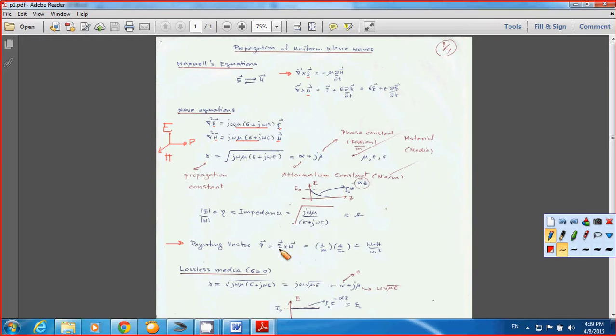You can find it from the cross product of E and H. If you take a look at the unit of electric field, which is volt per meter, and H, which is ampere per meter, you end up with the unit watt per meter squared. It tells you they transfer power per unit area, right? So that defines the Poynting vector.